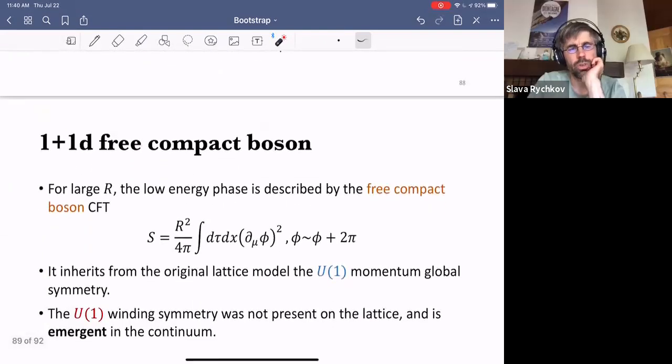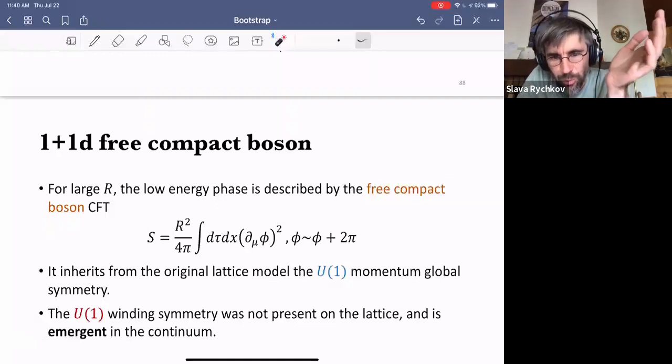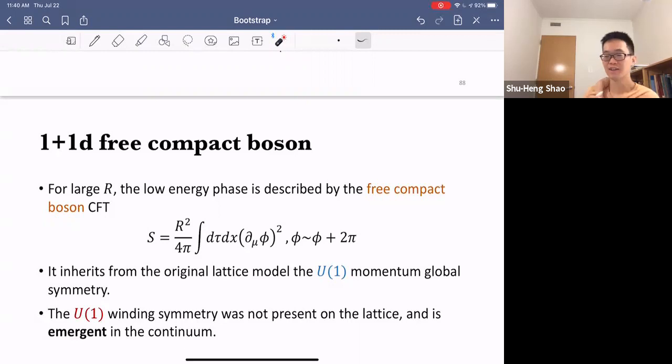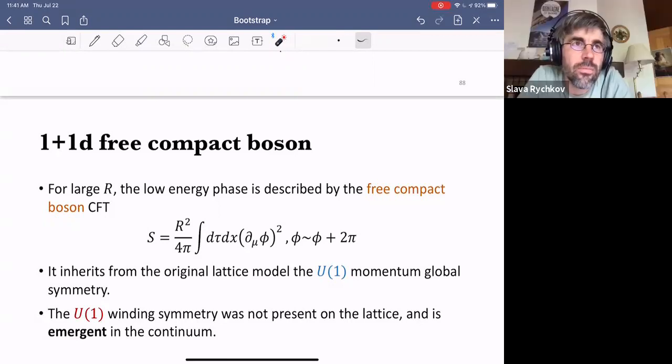You're trying to say that since we have this anomaly, we could not have hoped to find a lattice model where these two U1s would be explicitly realized. That's actually the common belief. But then we wrote a paper earlier this year showing that's not true. There is actually a lattice model realizing the two U1s and the anomaly. Maybe I'll talk about that later.